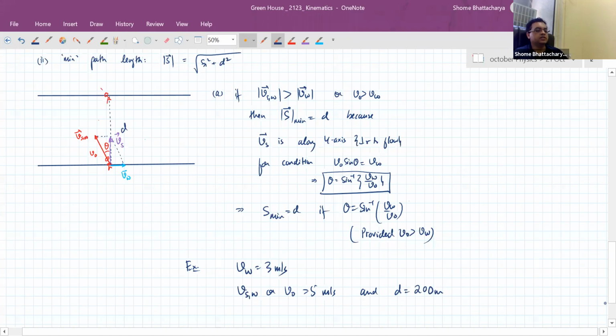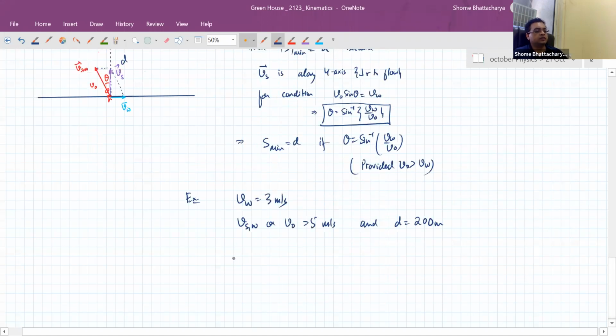Then for this data, for minimum time, theta should be 0, and that minimum time will become d divided by V0. So 200 divided by 5, or 40 seconds.